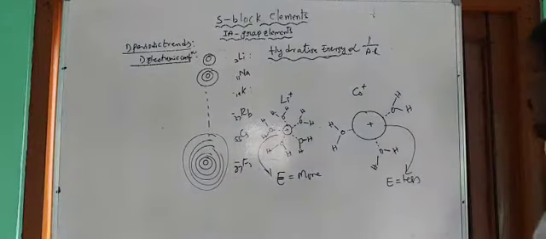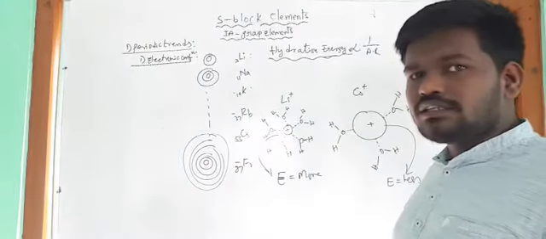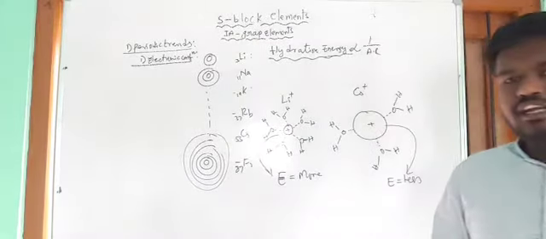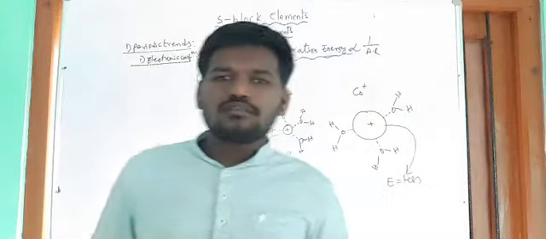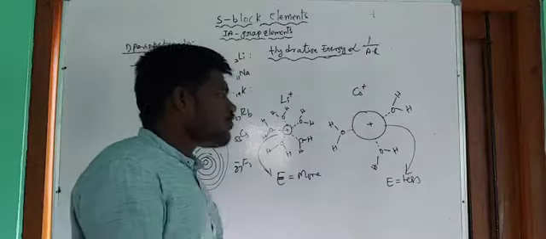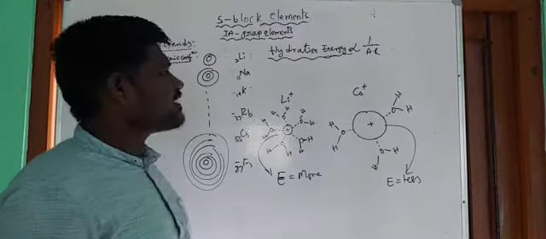When one mole of ions is added to water, some amount of energy is liberated. That energy is known as hydration energy, or the amount of energy liberated during the hydration of 1 mole of ions is known as hydration energy.